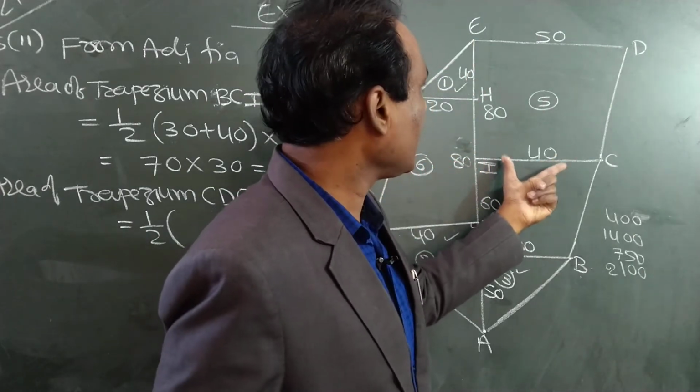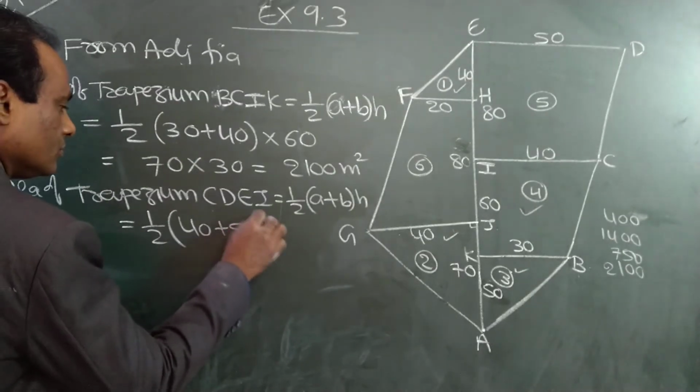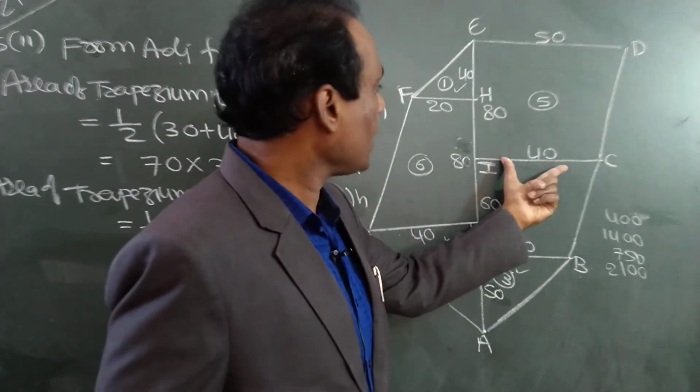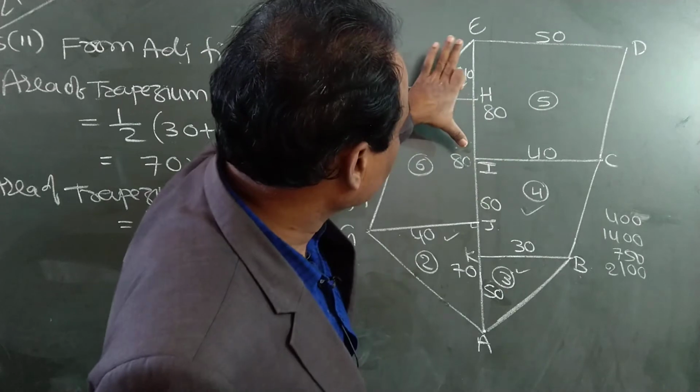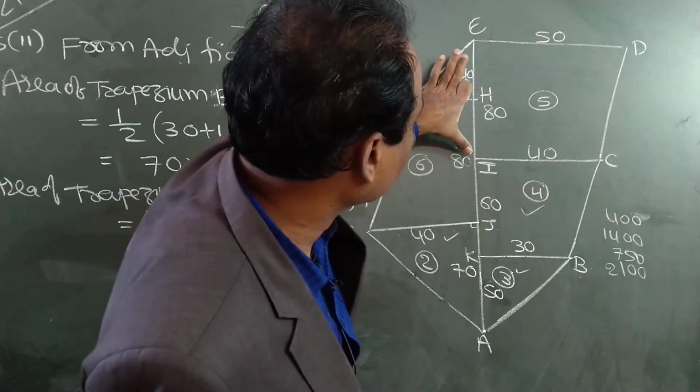Half A plus B into H. What is the distance between the parallel sides?